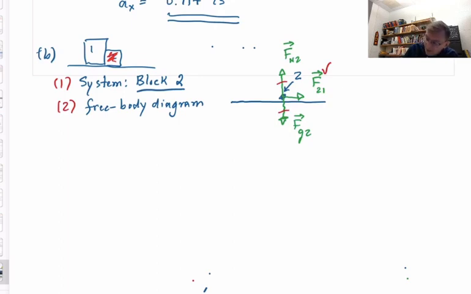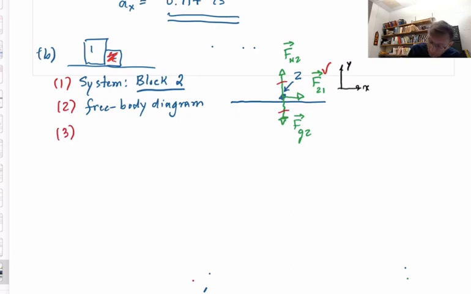Now let me finish off the free body diagram by putting in my x and y axes. Since I know the block's accelerating to the right, I'm going to pick one of my axes to be to the right. I chose x. Plus x to the right, plus y is up. Step 3 is to write down Newton's second law by components. Again, this is how I want you to write it, by components.